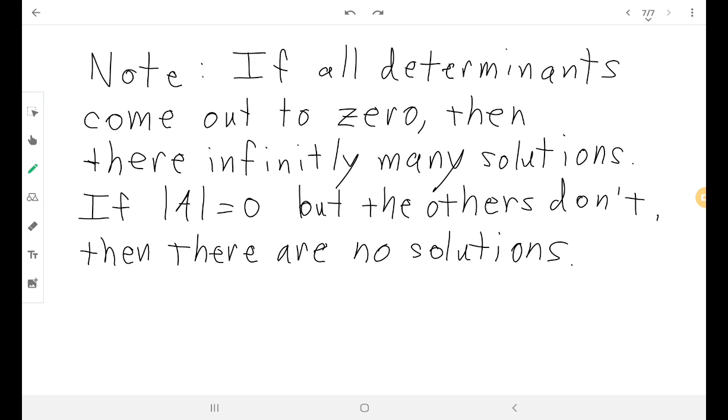It tells you that there isn't a unique set of answers. They're either infinitely many or none, and the way you can tell the difference is if all of them are 0, it's infinitely many. If not all of the other ones are 0, then there's no solution at all.